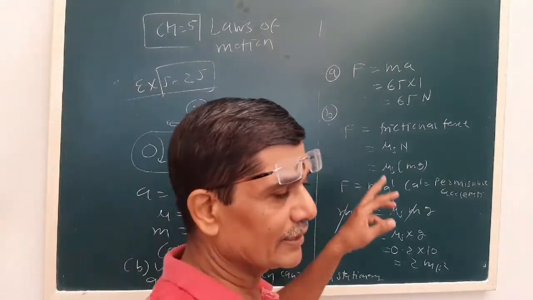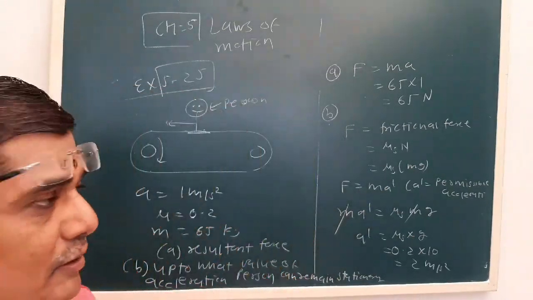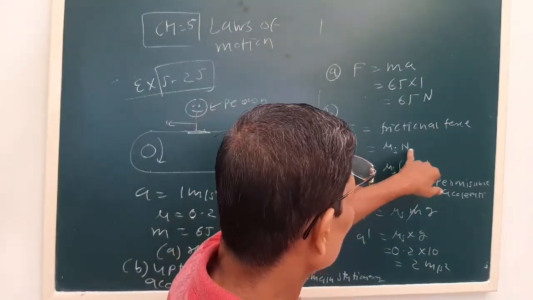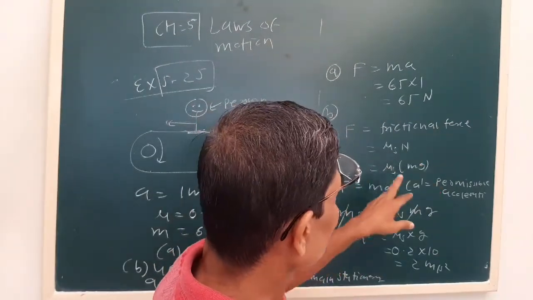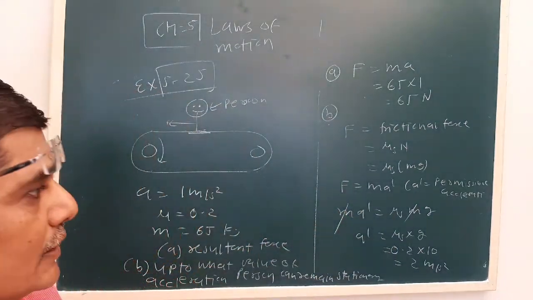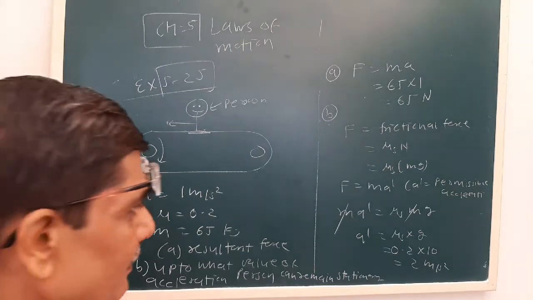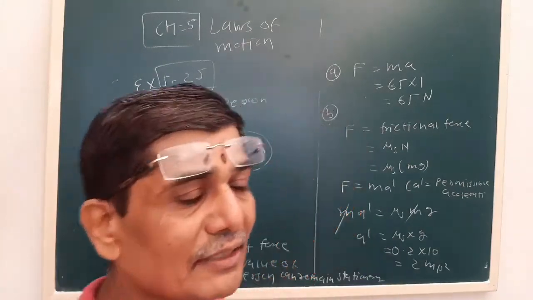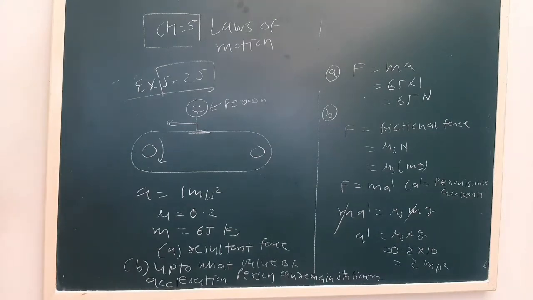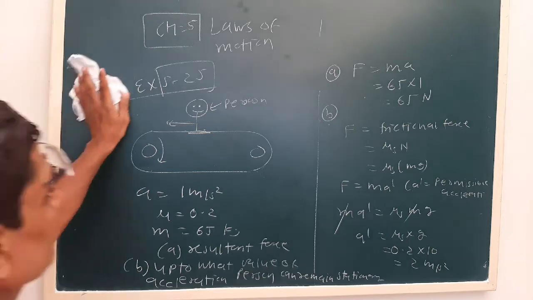So in that case, we have to compare with the maximum static friction force, that is mu s into n. Now n is equal to mg, which is known to us. Now F is equal to m a dash, where a dash is the maximum permissible acceleration. So we compare, and we get the value of acceleration as 2 meter per second square. So that is about exercise number 5.25.